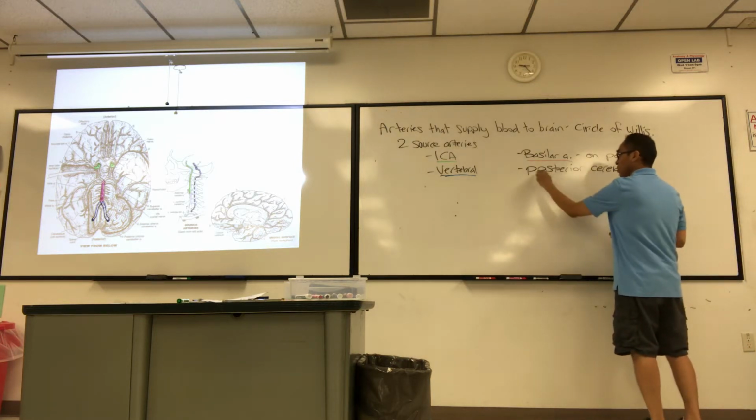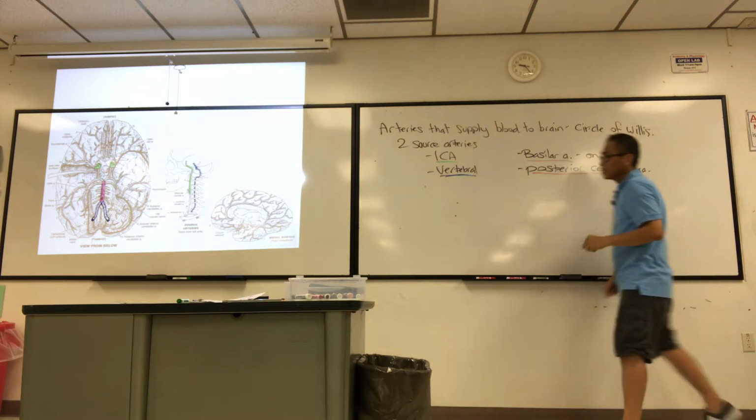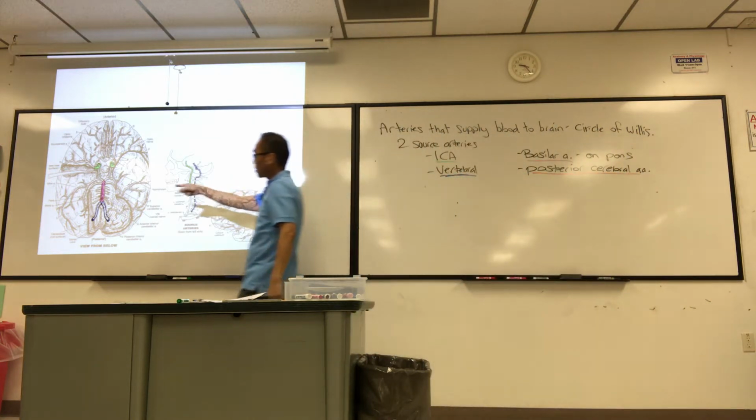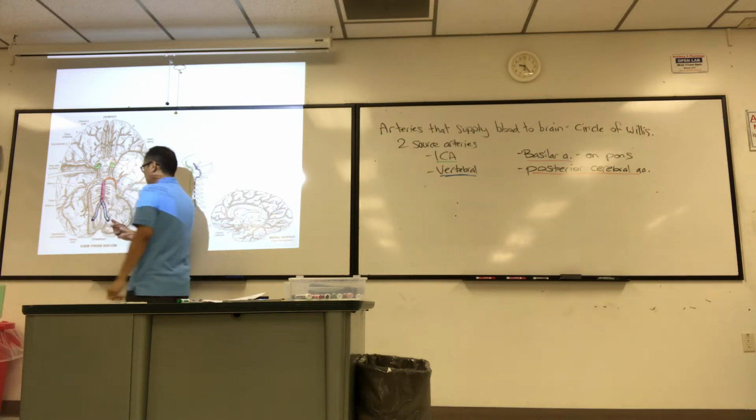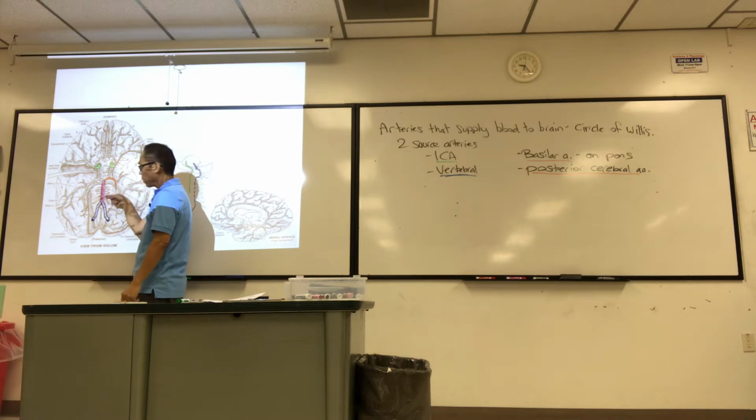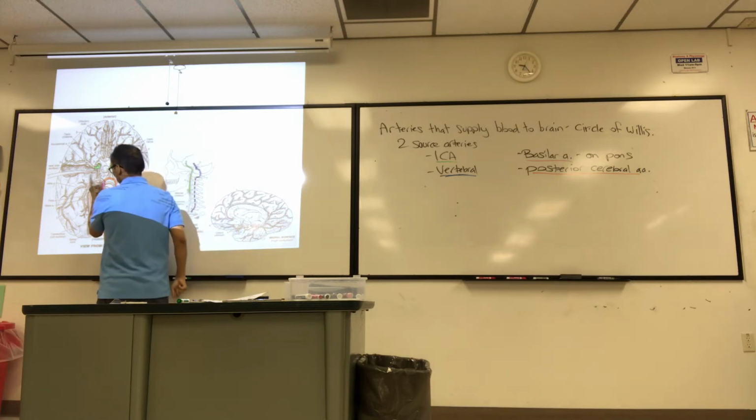So I'll use a bright orange color to color those in. Just look at the end here. You kind of branch out and go posteriorly. Professor, are these branches off the vertebral artery? Is that what you said? The two vertebrals, they merge together to form one basilar. Okay. Yeah. And then the one basilar will branch into two posterior cerebral arteries.